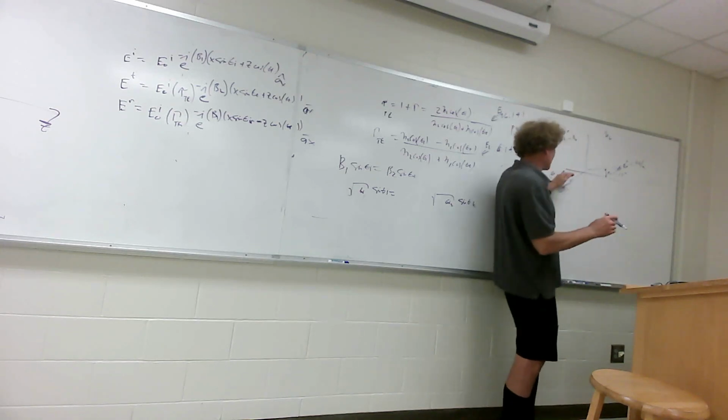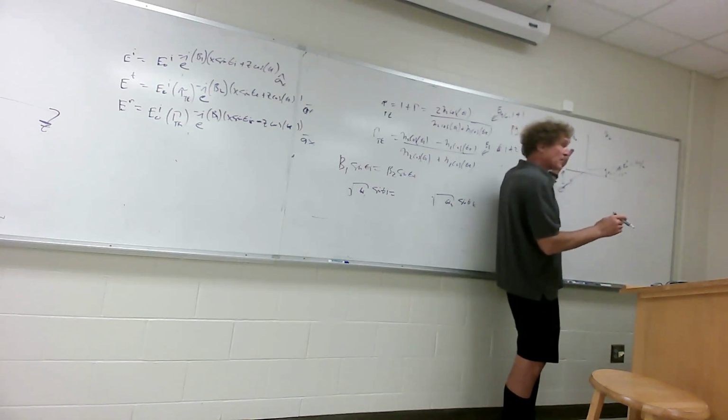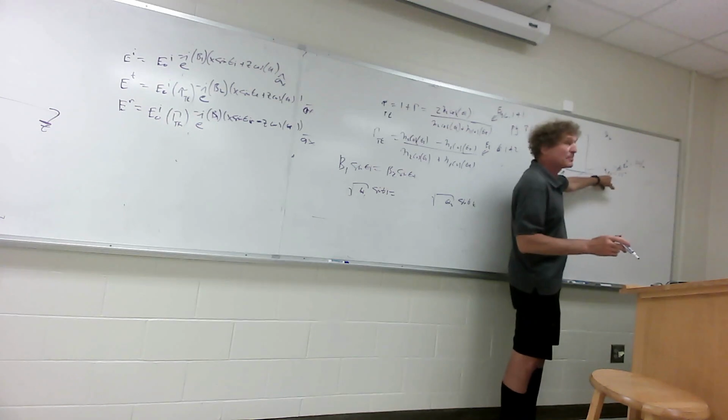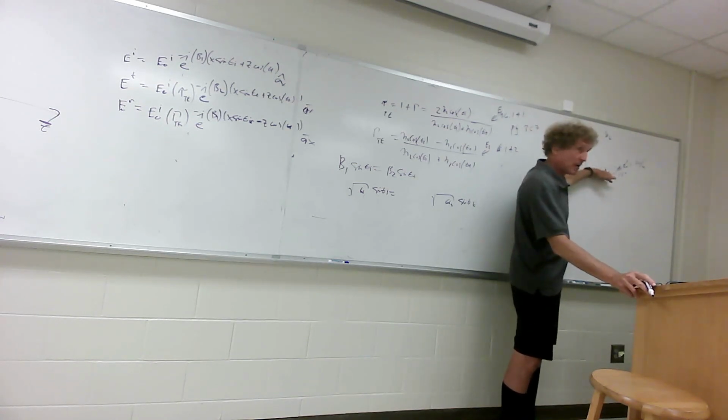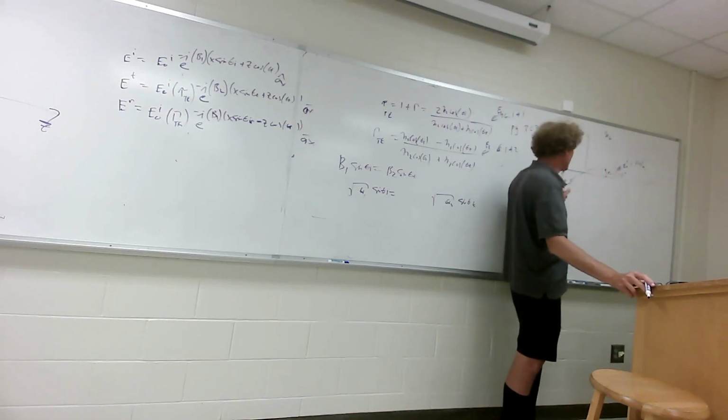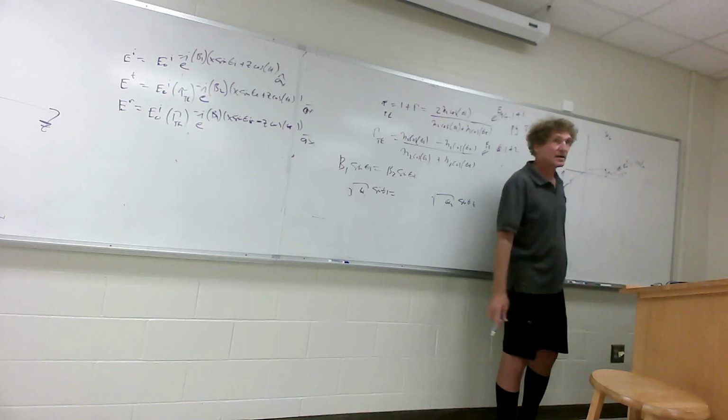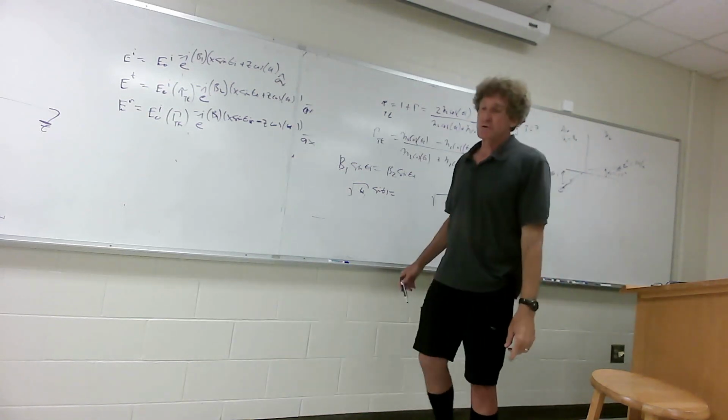So if you've got 45 degrees here and you're going from air to water, this angle is going to be a lot less, guaranteed. It'll bend towards the normal. And as the index of refraction approaches infinity, it'll go straight like that. Just remember that, it always bends towards the normal.